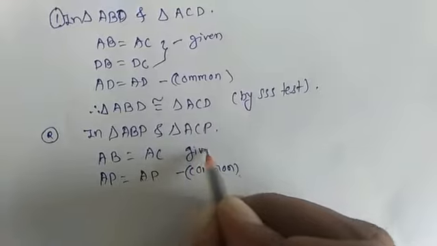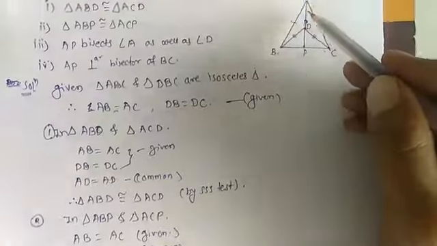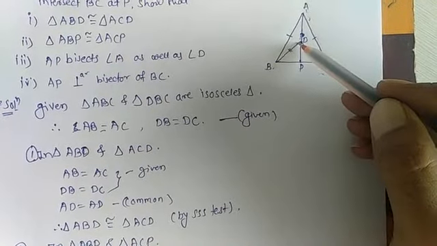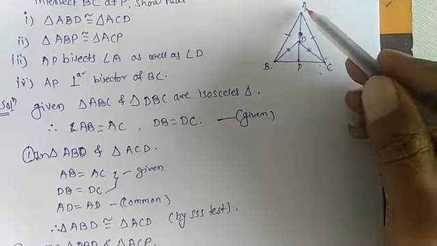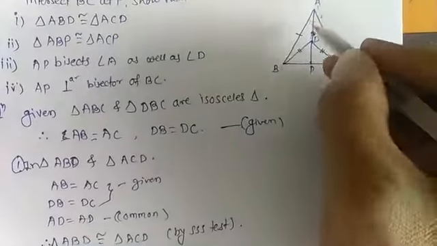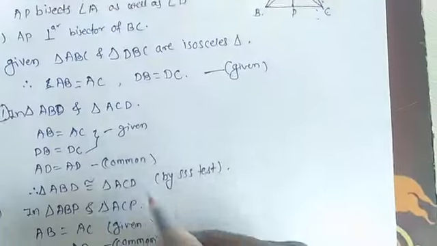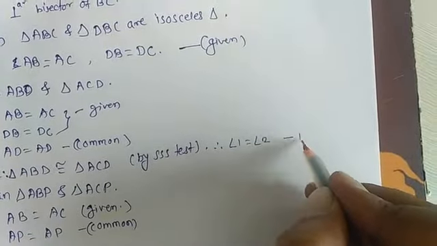Next, as triangles ABD and ACD are congruent, angle BAD will be equal to angle CAD. If we consider these as angle 1 and angle 2, then by CPCT you can say that angle 1 is equal to angle 2, equation number 1.